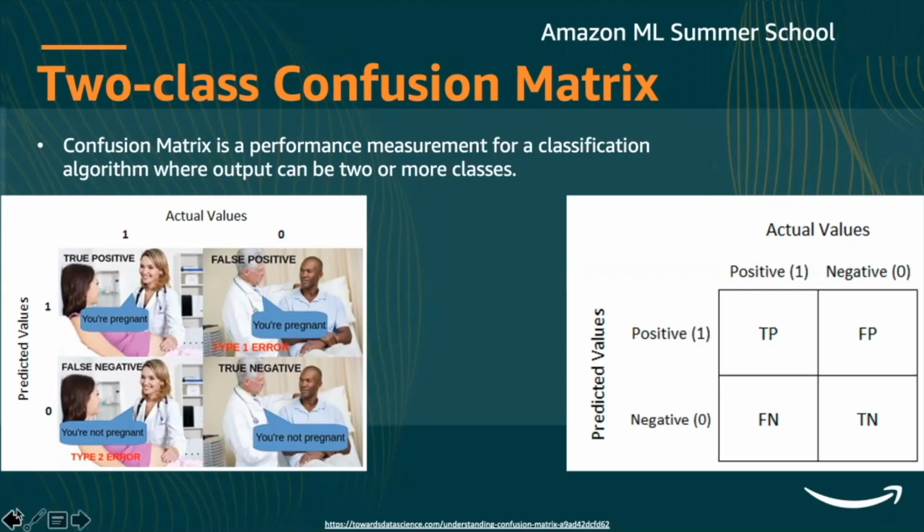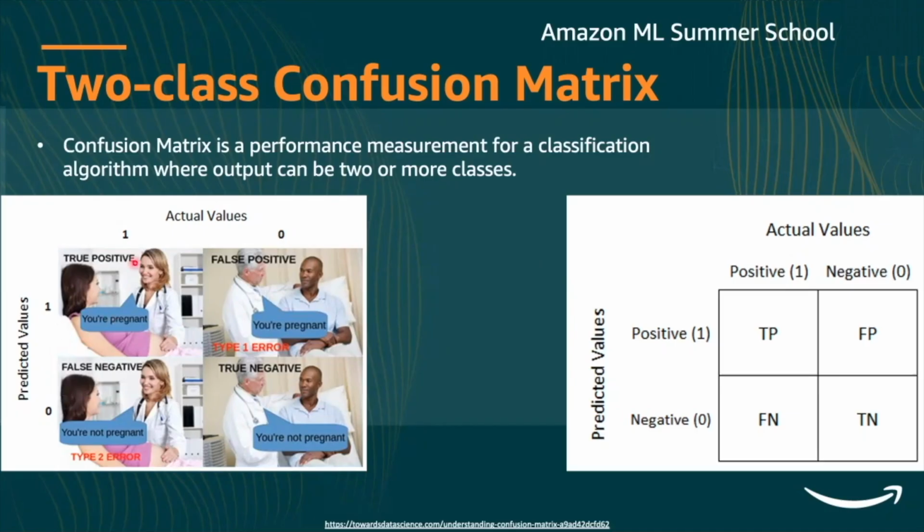On the left-hand side, you'll see a pictorial example for binary classification. For each sample, you have a true label, either 1 or 0. Similarly, based on the thresholding, the model would predict either 1 or 0 for that given data point.